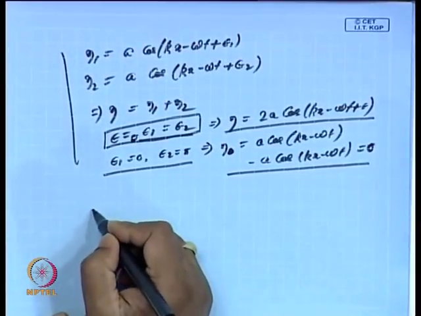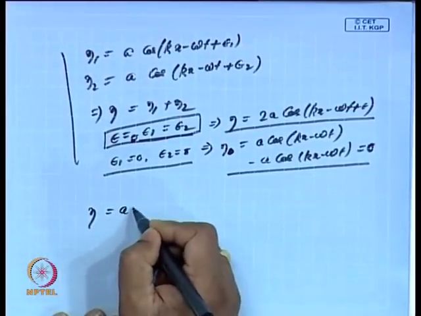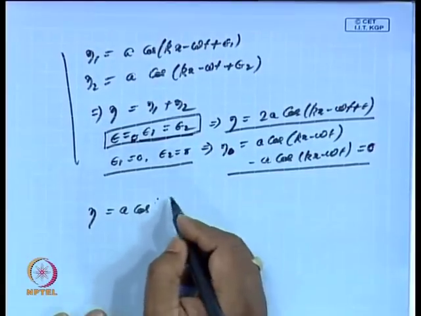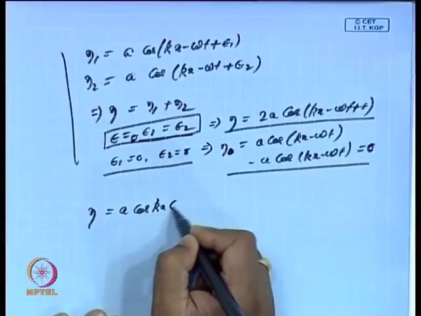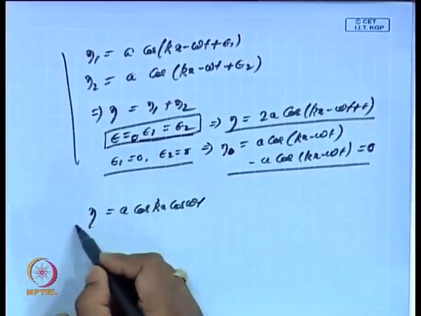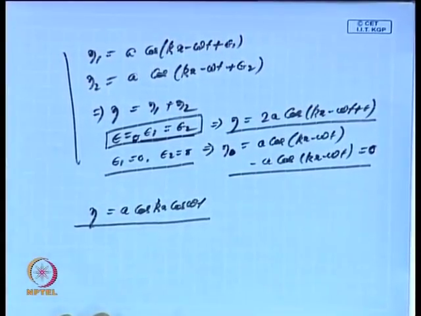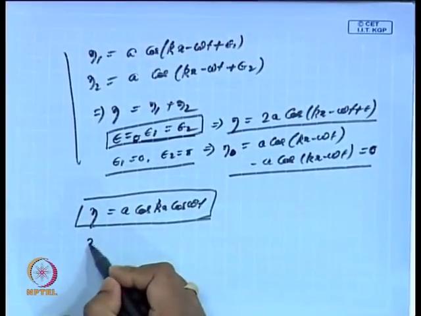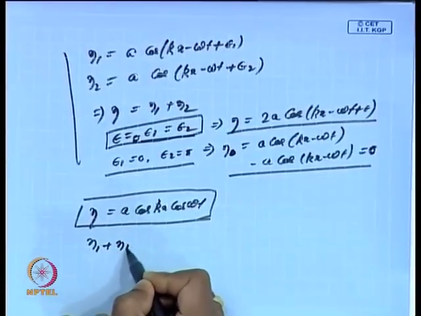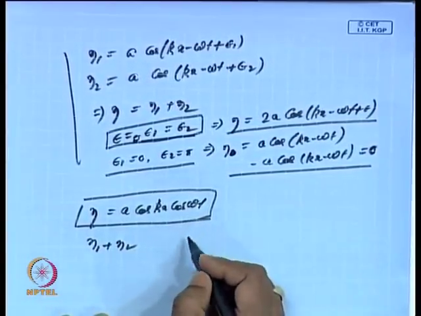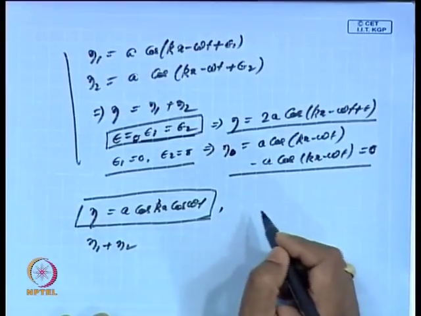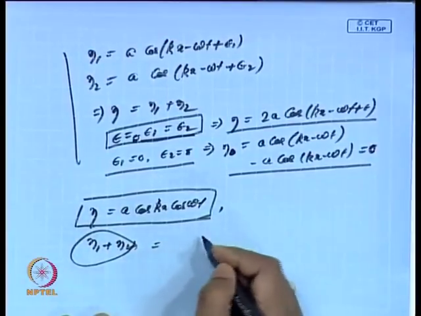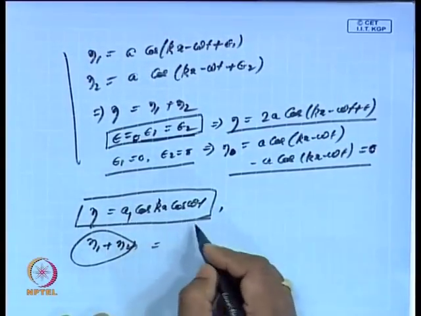Again, if you look at the standing waves, what will happen to the resultant of different standing waves? Suppose I have two standing waves of the same amplitude or different amplitude.